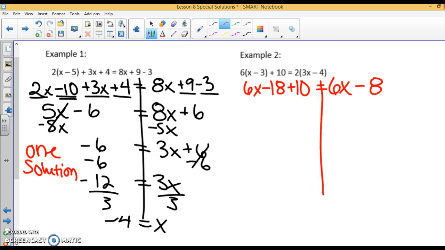I'm going to draw my line, and I'm going to solve. So first I notice I can combine these.